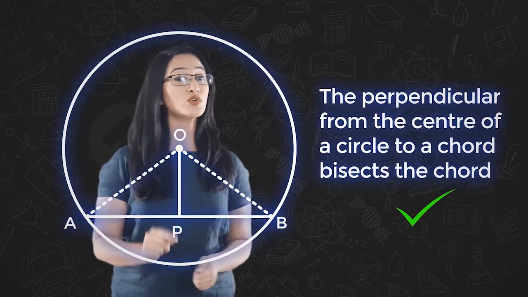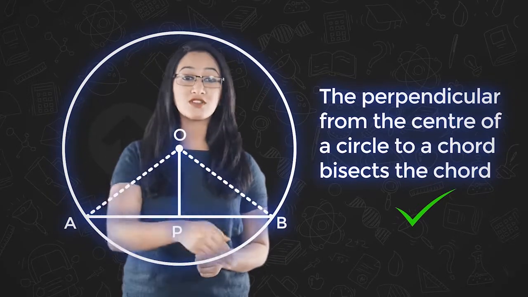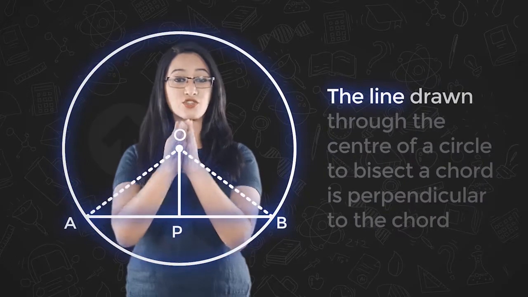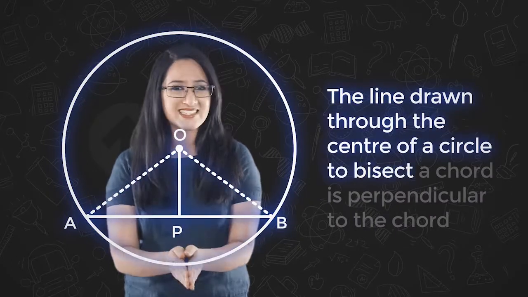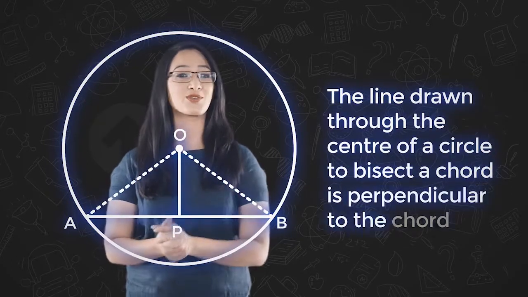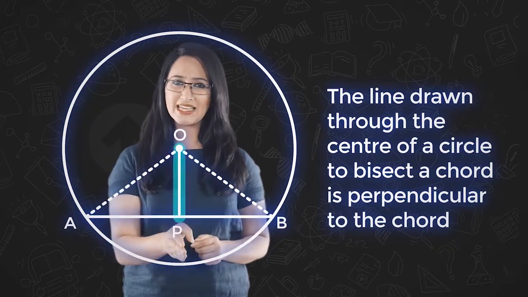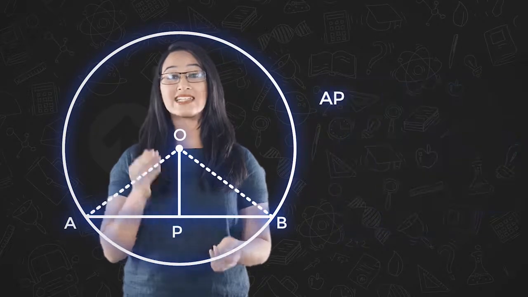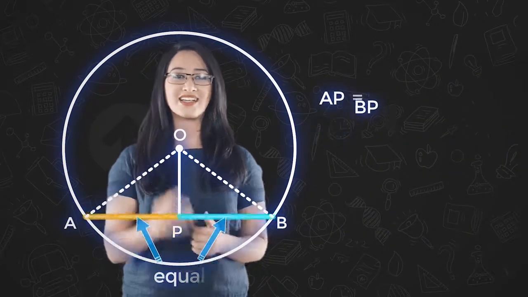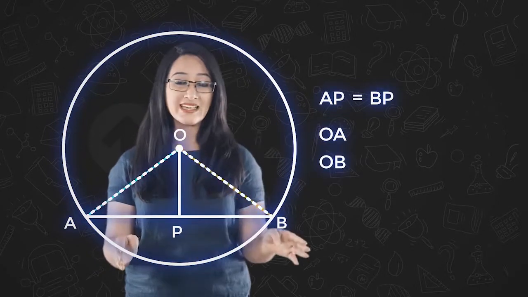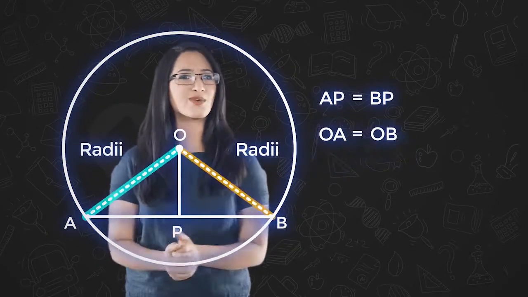Now, we can also use congruency to prove the reverse of this theorem. The line drawn through the center of a circle to bisect a chord is perpendicular to the chord. So, according to this theorem, if the line OP bisects the chord, the lines AP and PB are equal. Once again, the lines OA and OB are the radii, so they both are equal as well.